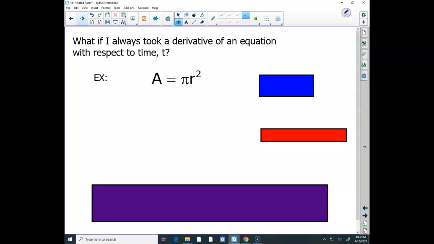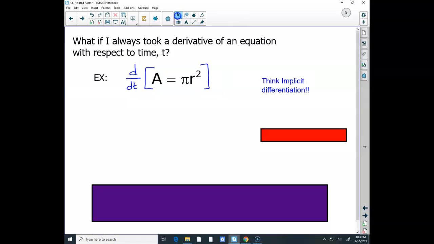Because time's not even in this equation. Well, if I was taking it with respect to time, okay, think implicit differentiation. Don't think anything else. It's all implicit differentiation, lots of notation, okay?